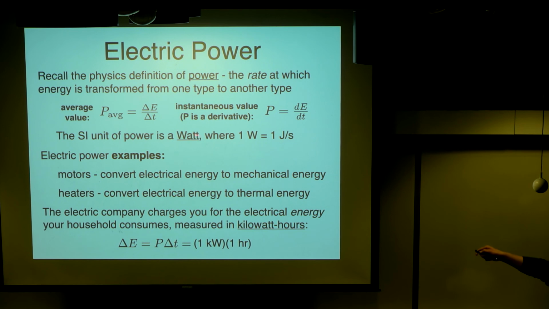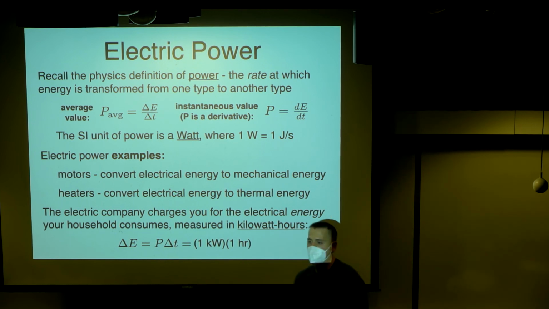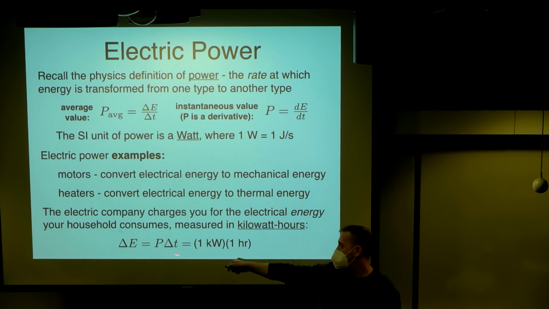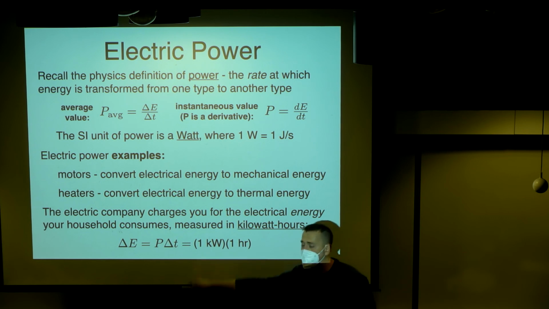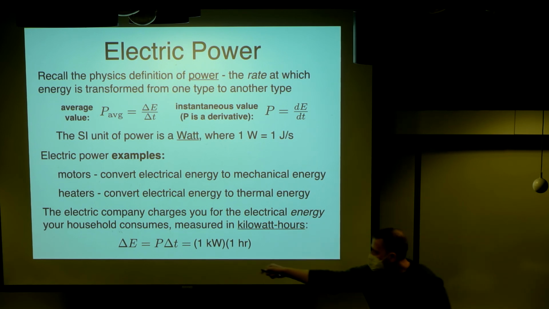If we take the definition of power, okay, and rearrange it to solve for E, we have delta E is equal to P times delta t. So the way you want to think about a kilowatt hour is this. The power is a kilowatt, so that's the rate at which you're consuming energy, but you do that for a time interval of 1 hour.